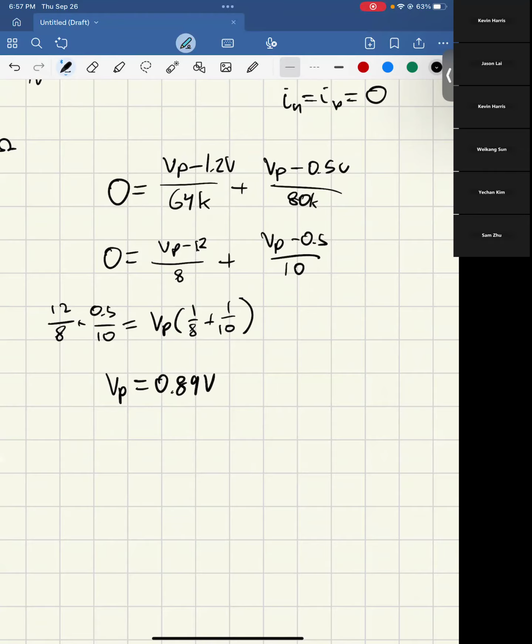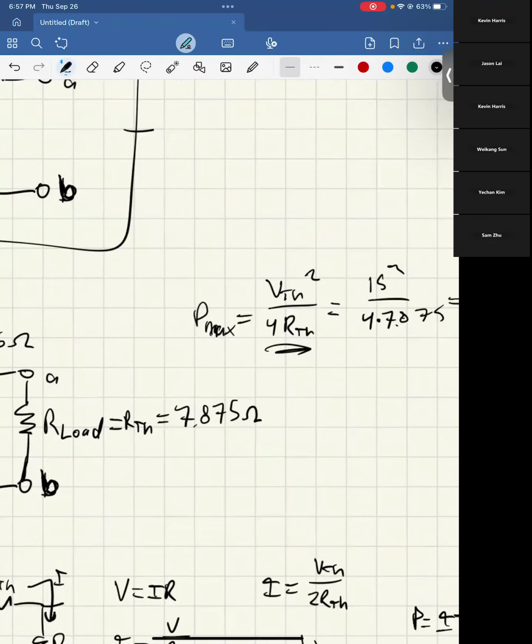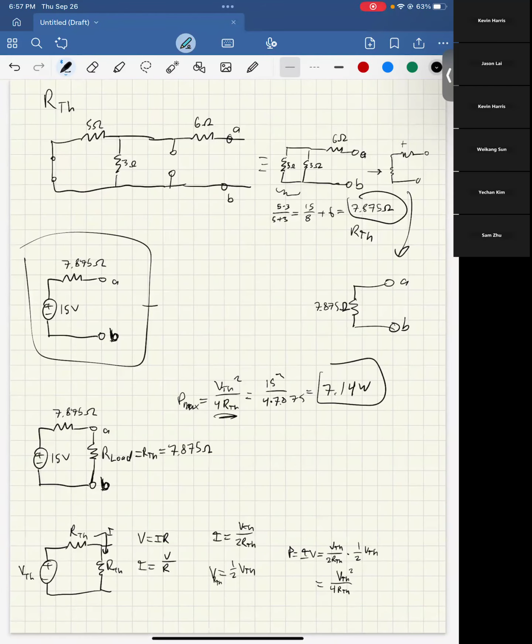What about the second method for, okay, why is RTH, let me address these questions real quick. RTH is our load. It's just that I don't want to go through the derivation of that because it's a bit more complicated.